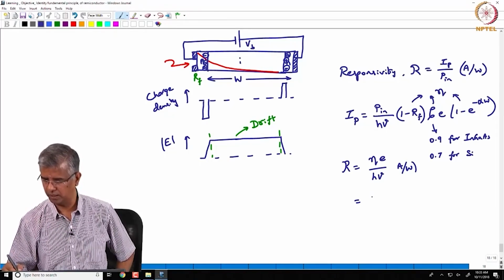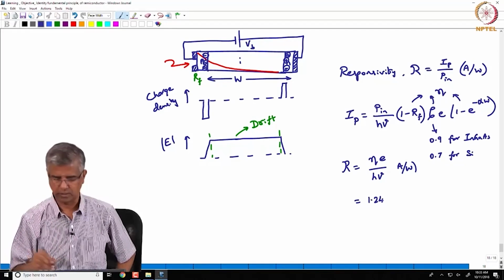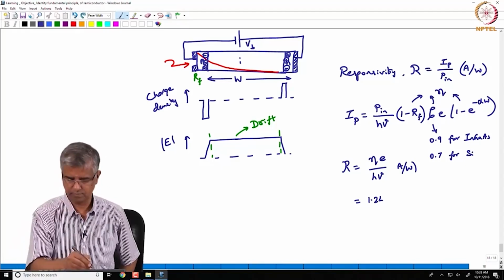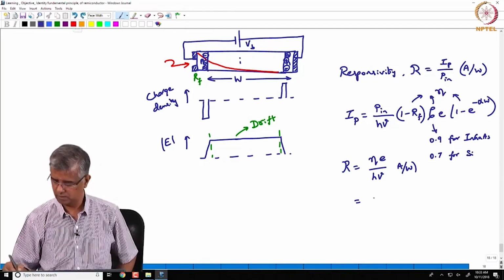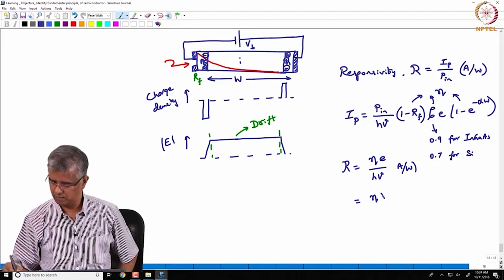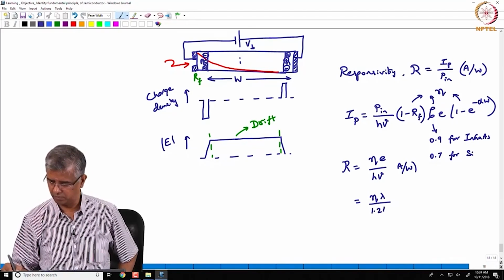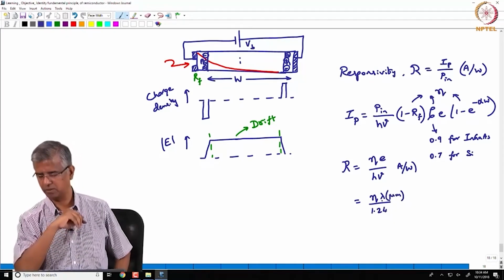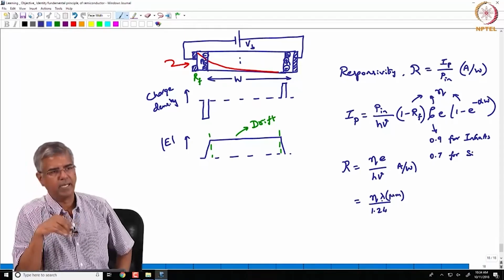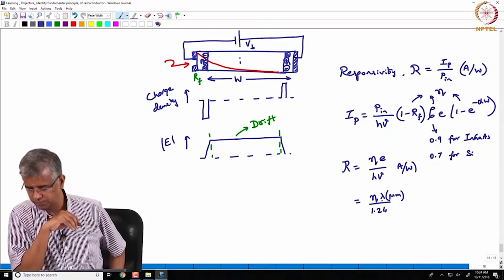So, you are going to have eta lambda divided by a factor of 1.24, where lambda is expressed in microns. So, that is actually a relatively easier thing to compute.